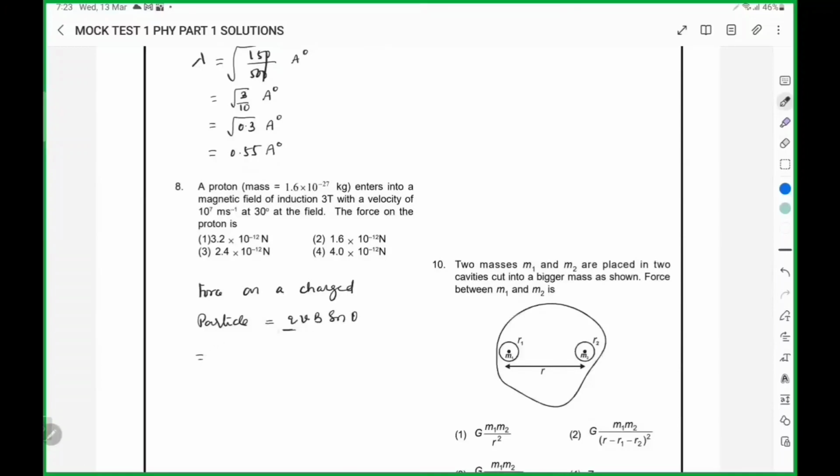Here Q is the charge of the proton, velocity is given, magnetic field is also given, angle is also given. So it is 0.8 to 0.4 into 10 power minus 12 newtons.